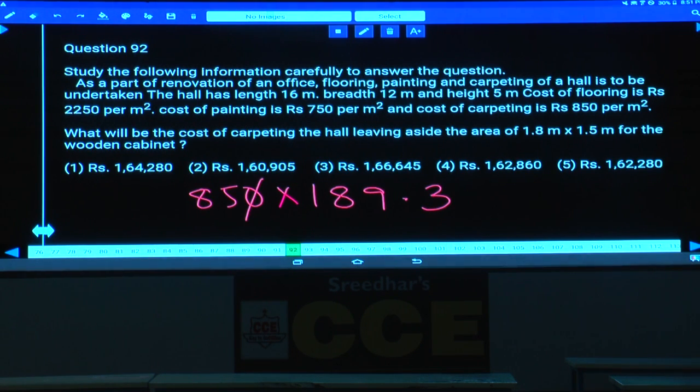You can forget about the 10 and treat this number as 1893. 5 into 9 ends with 5. First cannot be the one, fourth cannot be the one, fifth cannot be the one, because your answer should end with 5. 1893 is a 3 multiple. Answer should be a 3 multiple.